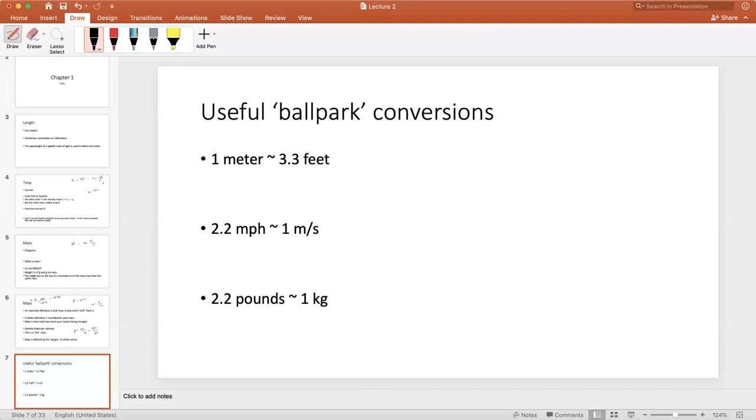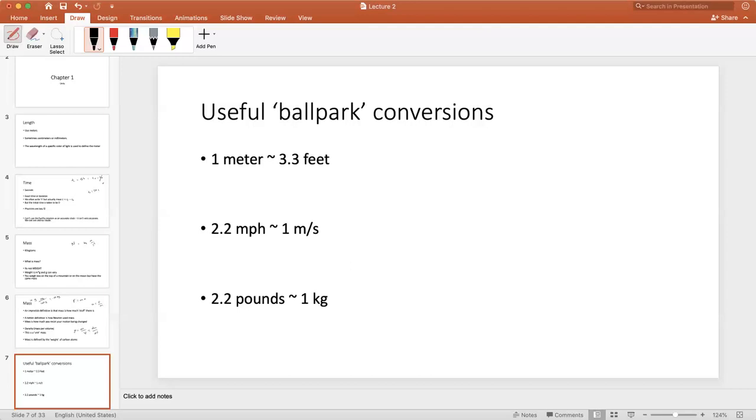Just keep those in mind when you're analyzing whether or not your answers make sense when you do these problems. If you find that a human was running at 300 meters per second, obviously there's no way a human is running at almost 610 miles per hour or whatever. You know you've done something wrong.